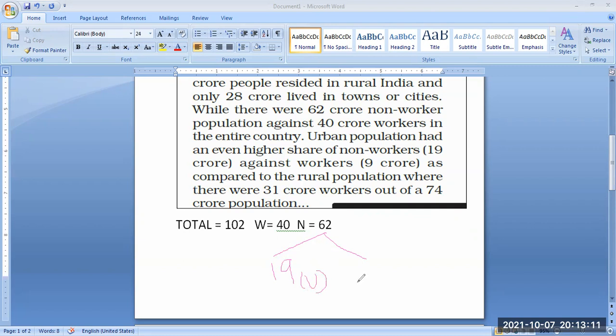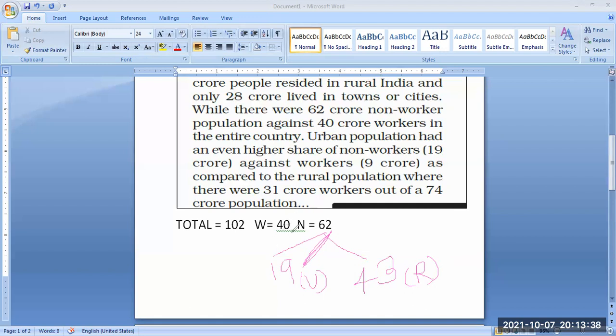Out of 62, 19 are urban population. Remaining how much? Remaining will be 43. These are rural non-workers. Did you get it? Shall I repeat? Understood.